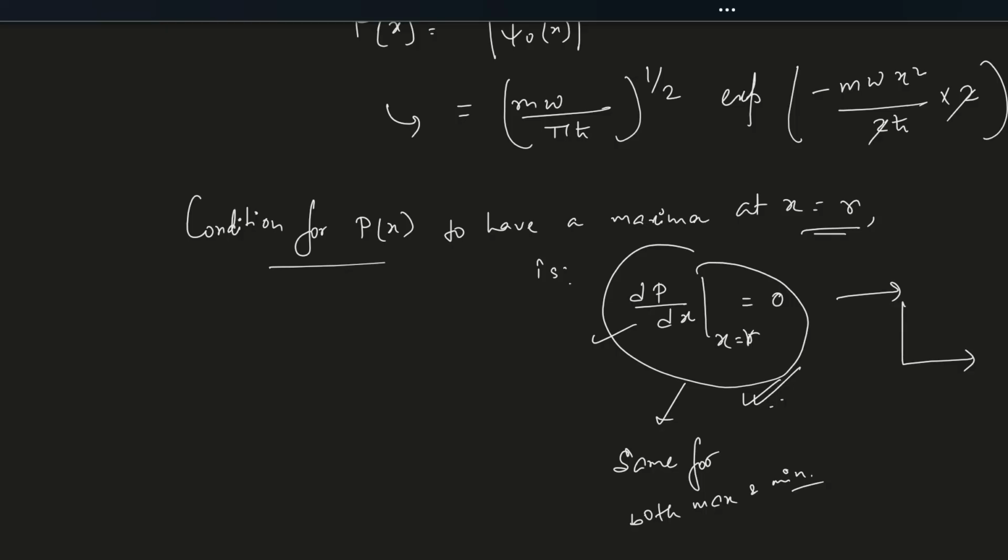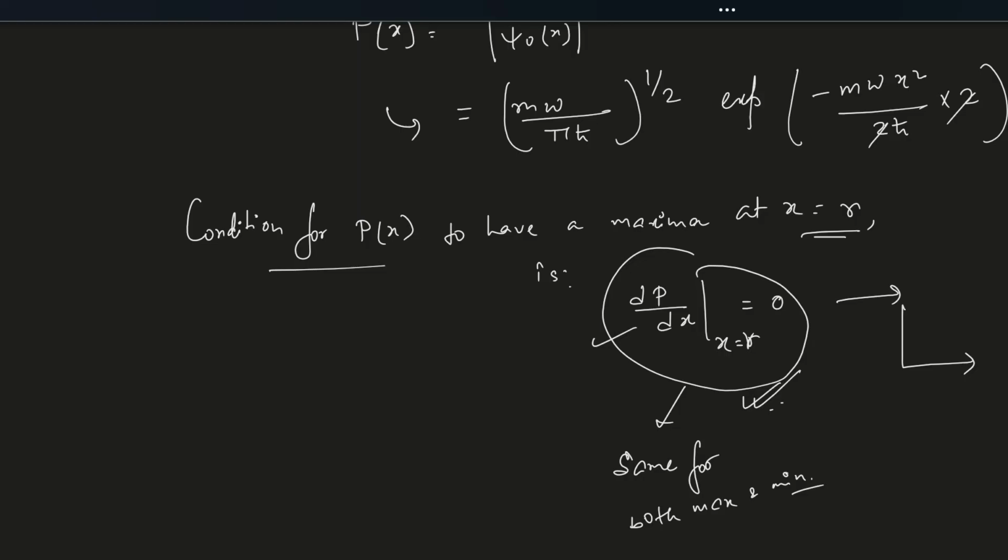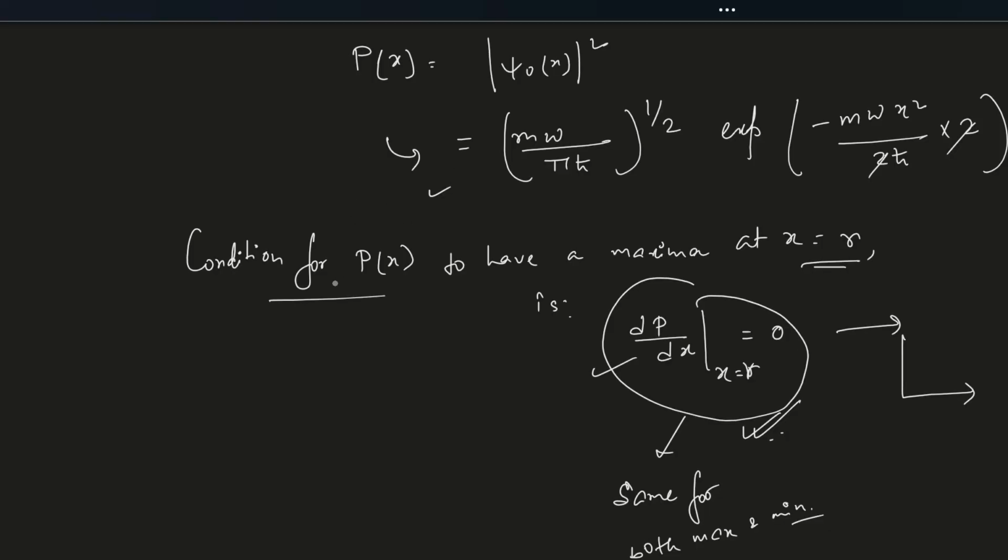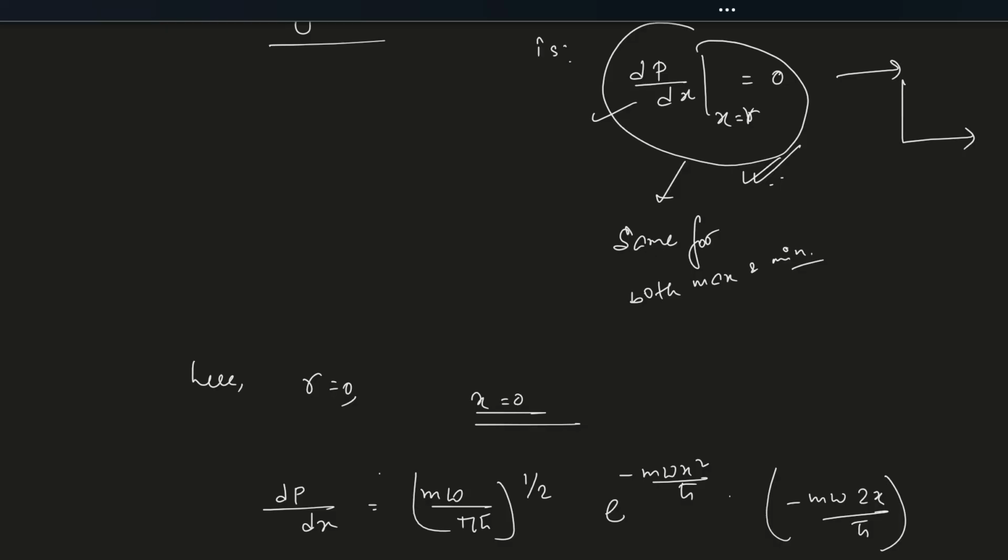So in this case r equal to 0. They are asking us about x equal to 0, and that position is for this function p(x). If that is the p(x) formula, you can take the derivative. So dp/dx equals the constant term as it is, times the exponential of minus m omega x squared by h cut, times minus 2 m omega x by h cut.